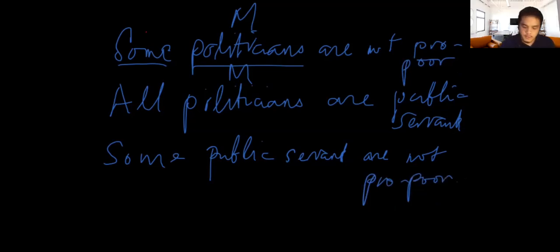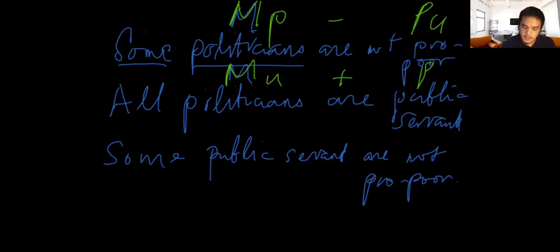Okay, so let's check whether we have a valid syllogism. We have M, P minus, PU, and then MU plus, PP, and then S. This is S, and then this is SP minus, PU.